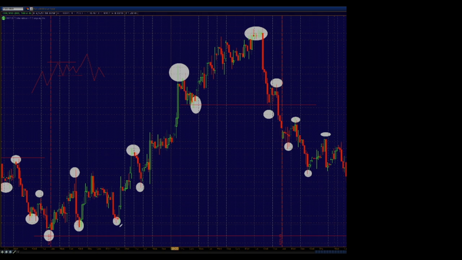Market is kind of overextended, but at this rate, if it's lasted this long, it's not just going to turn around on a dime. In other words, the market's not just going to go from here and just shoot straight up. It's impossible. Not impossible, it might happen, but generally you can't trade that way.